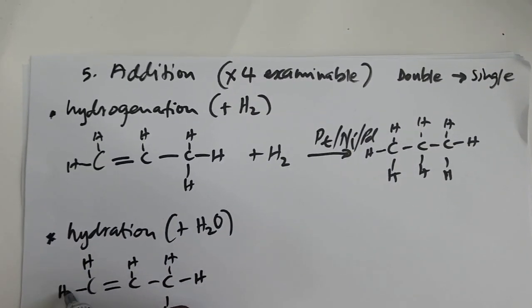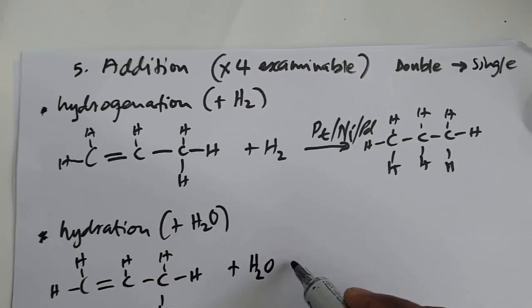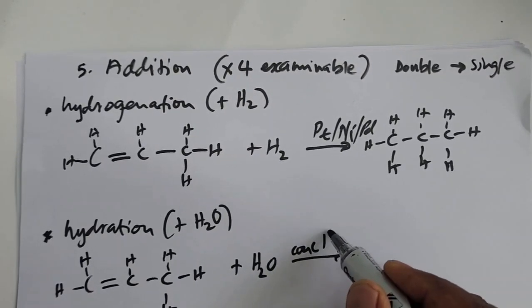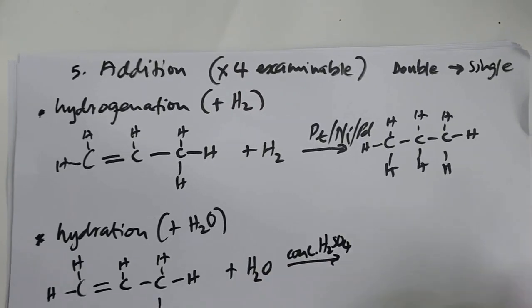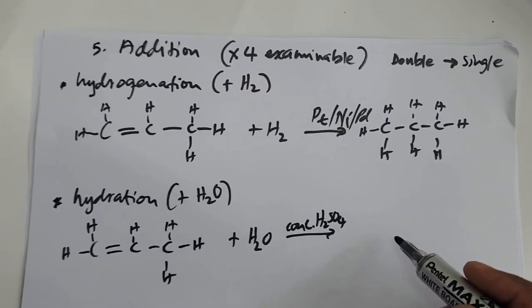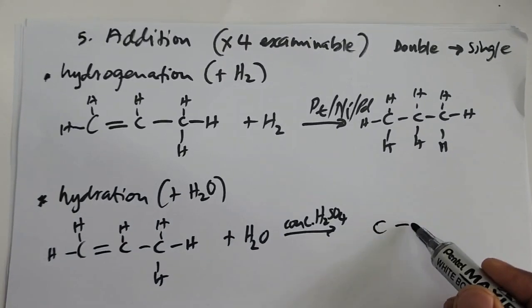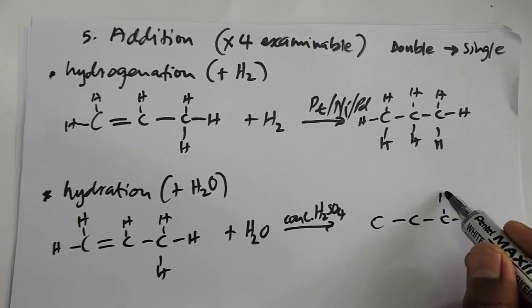We're adding water, and then we'll need also concentrated sulfuric acid, a substance that loves water. Where water is involved, sulfuric acid is there. Then the product will be an alcohol, which will be 1, 2, 3, and then alcohol.